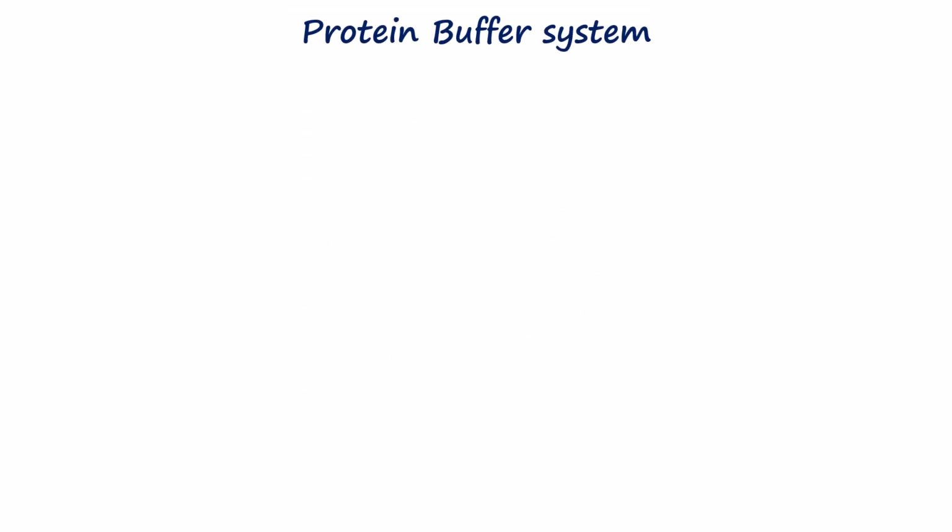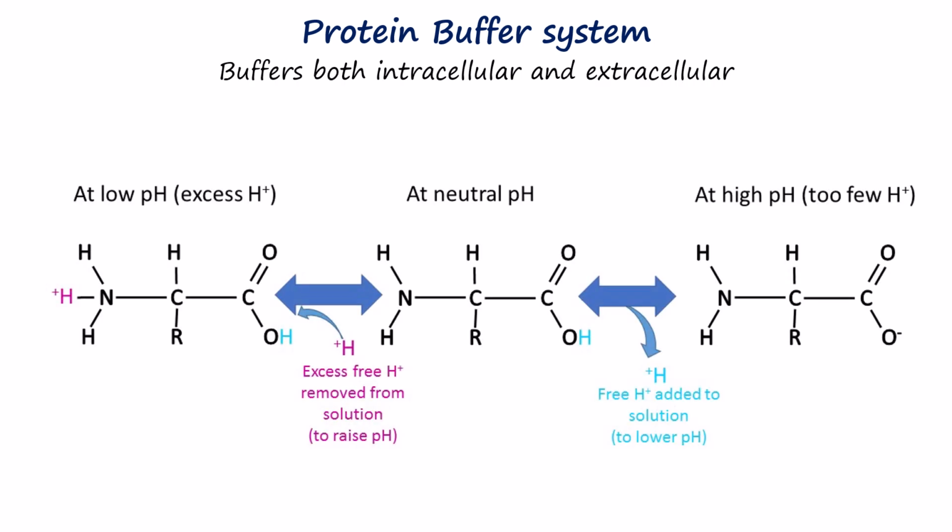The protein buffer system, alongside bicarbonate and phosphate systems, helps regulate pH levels in both intracellular and extracellular fluids. Proteins, particularly hemoglobin in red blood cells and plasma proteins like albumin, act as buffers due to their ability to donate or accept hydrogen ions. This buffering capacity arises from the carboxyl group and amino group.